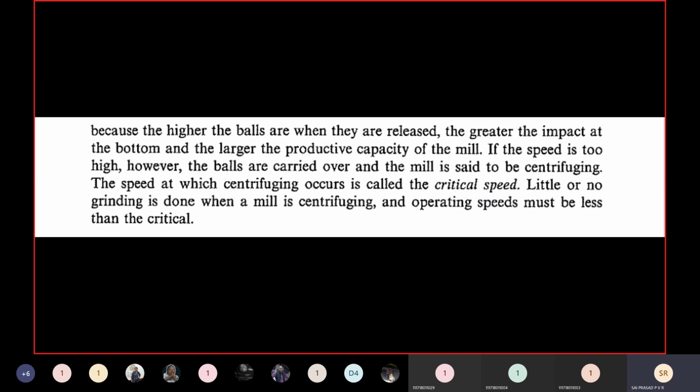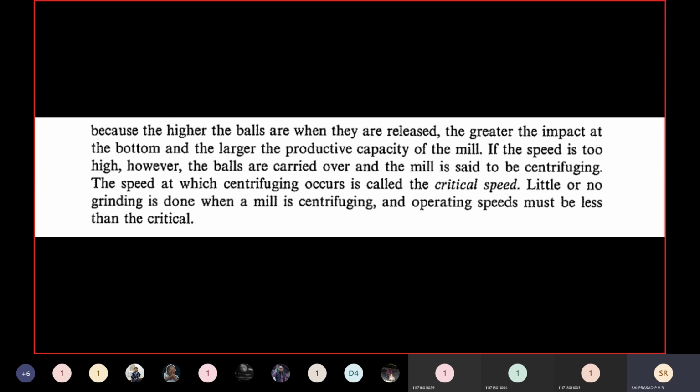If the speed is too high, however, the balls are carried over and the mill is said to be centrifuging. So centrifuging is a disadvantageous thing, where the ball mill rotates at a higher RPM and the spherical balls do not detach at the topmost elevation. They are just carried away by it.